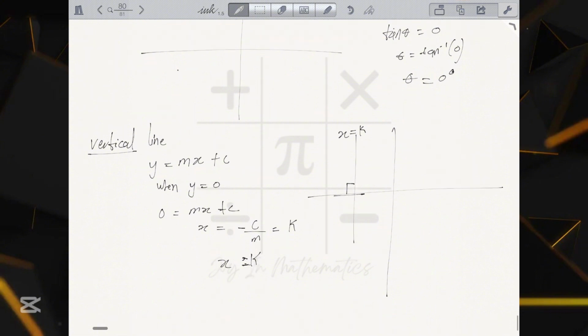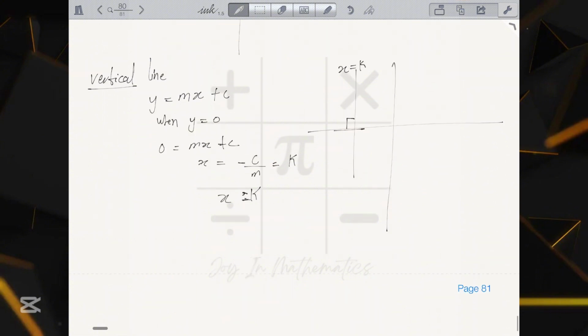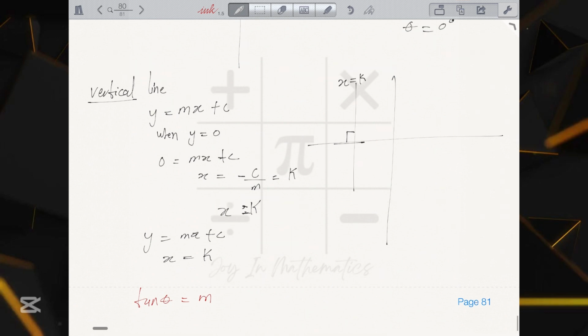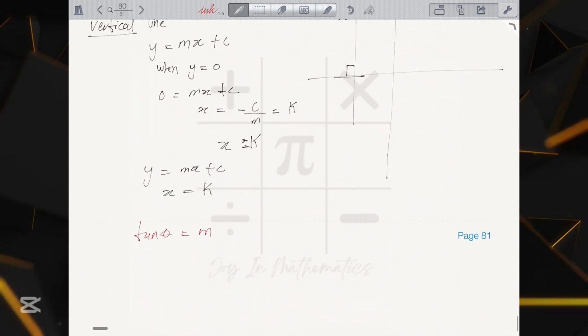So let's compare now y equals mx plus c, and we are comparing it to x equals k. Now we can see that, using tan theta equals m, the coefficient of x in this case is undefined, or infinity.